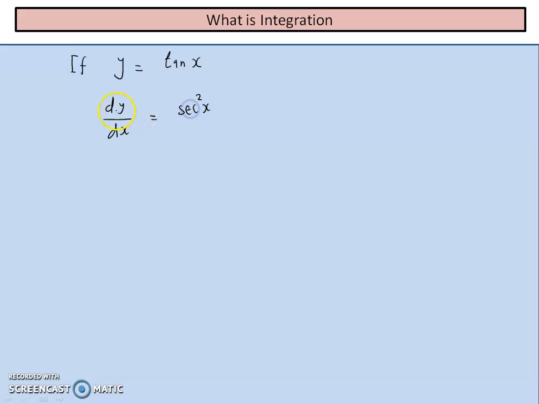This is differentiation of y with reference to x. So in short we say that the derivative of tan x is sec square x.